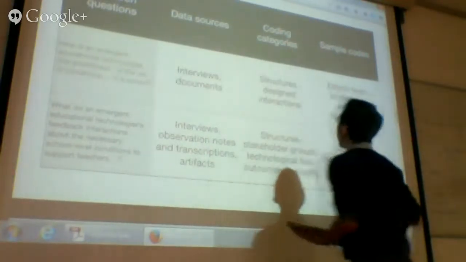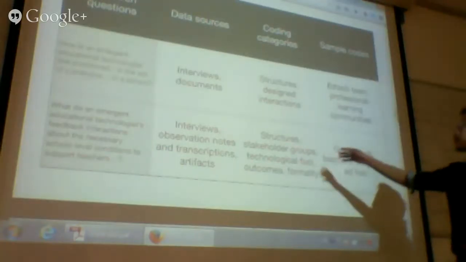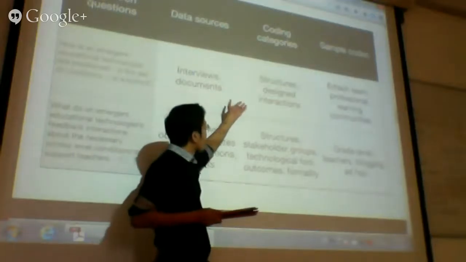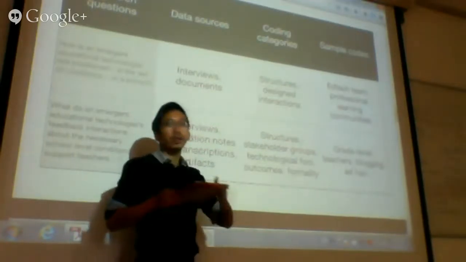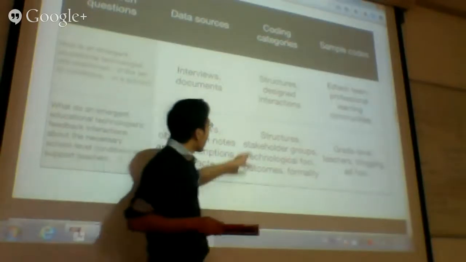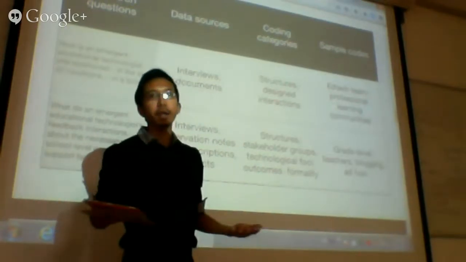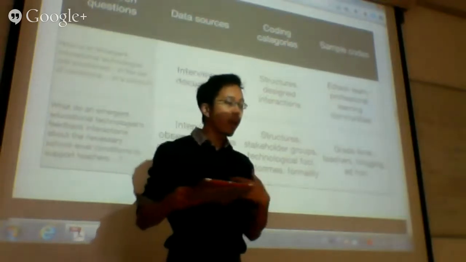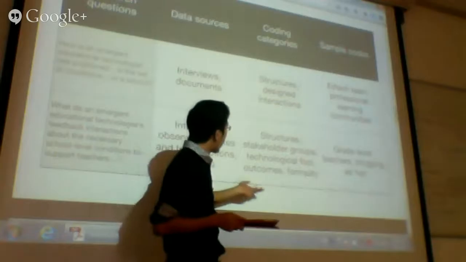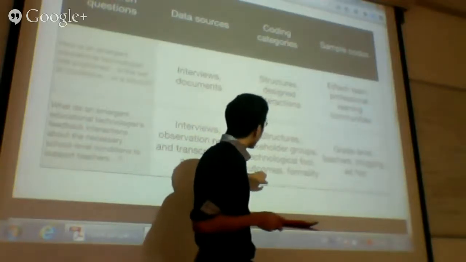So in coding, what I was looking for to answer these questions is I'm looking for structures and looking for design interactions when I'm examining the school level conditions. And then to understand the feedback interactions, the actual interacting between this role and other school stakeholders, I'm looking for what actually happens.